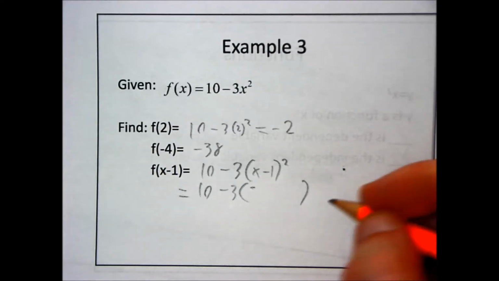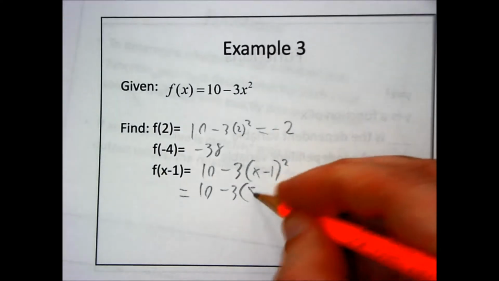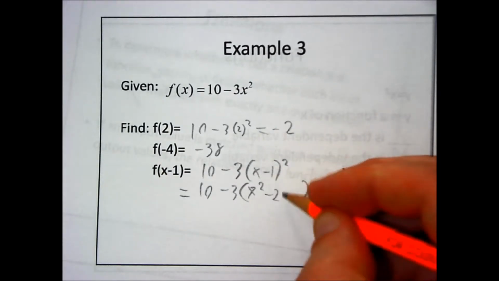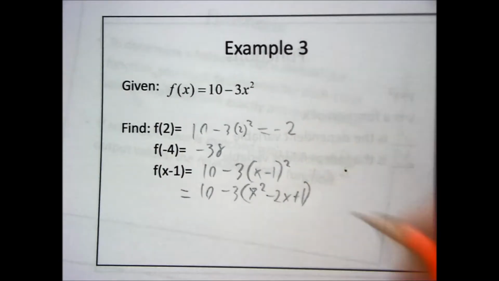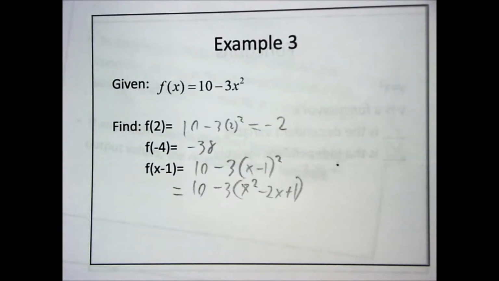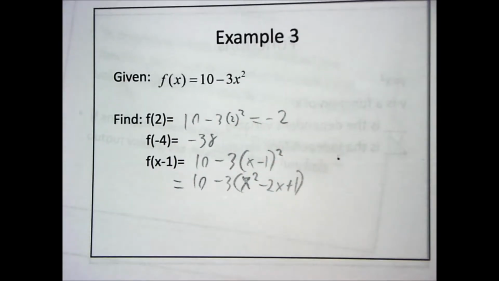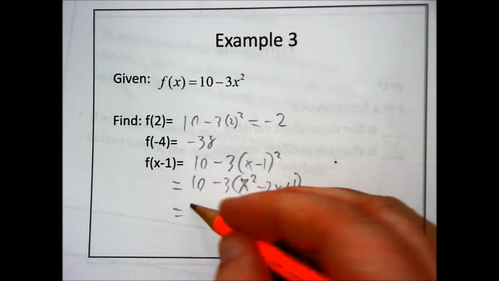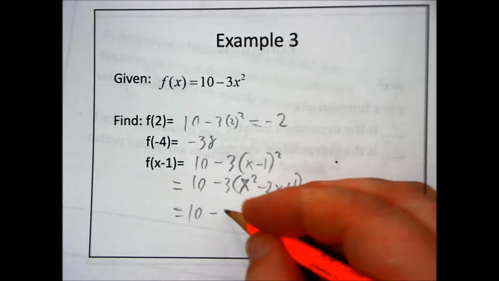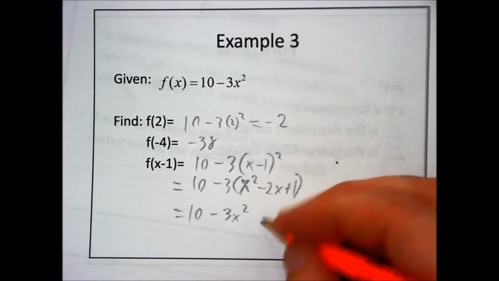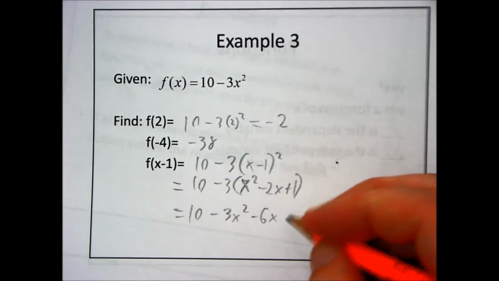What's x minus 1 times x minus 1? Plus 1. If you need to write it out, write it out. Okay? Then I need to distribute. Now I'm going to do the multiplication. So I have 10 minus 3x squared minus 6x plus 3.